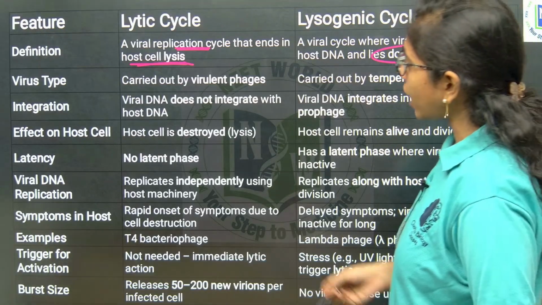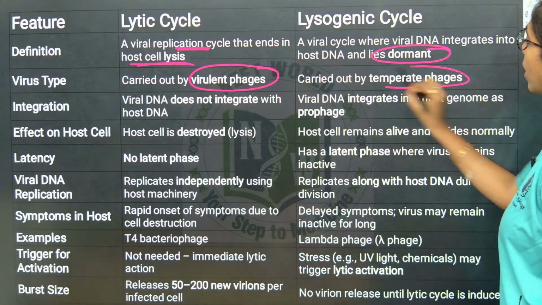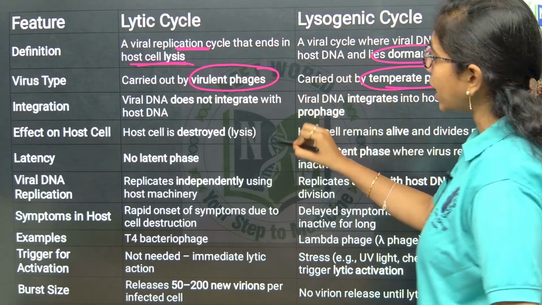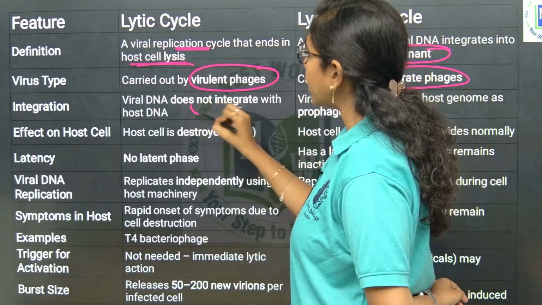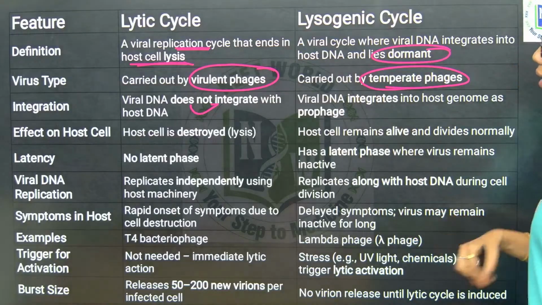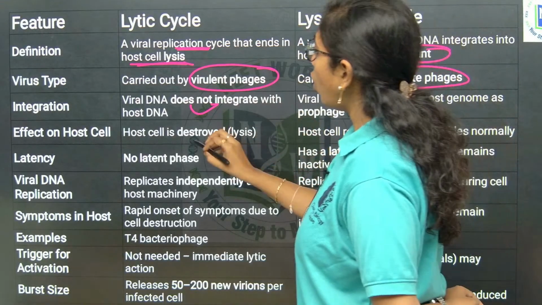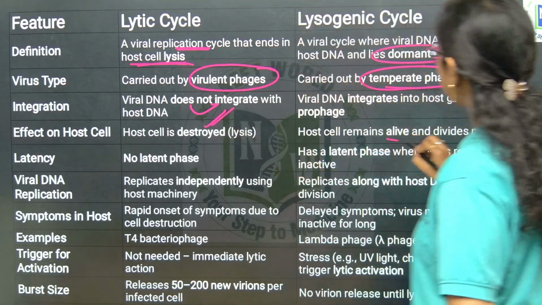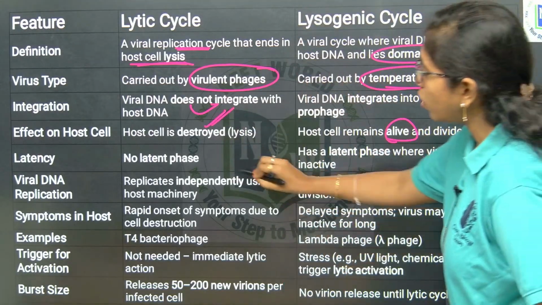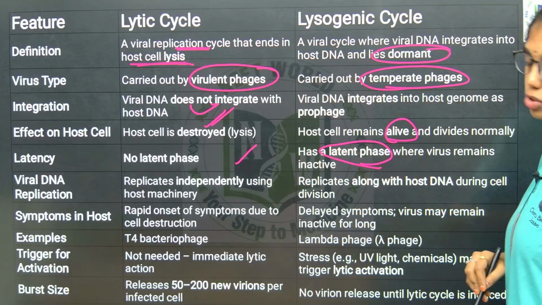Next, virus type: here you can see virulent phages, here temperate phages. Here viral DNA does not integrate with host DNA, but here viral DNA will integrate with the host DNA. In lytic cycle, host cell is destroyed, here host cell remains alive. There is no latent phase over here, but latent phase persists in the lysogenic cycle.